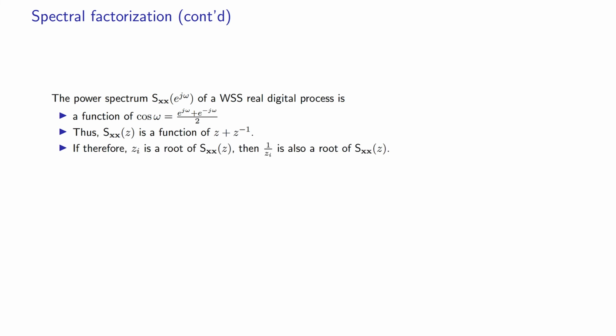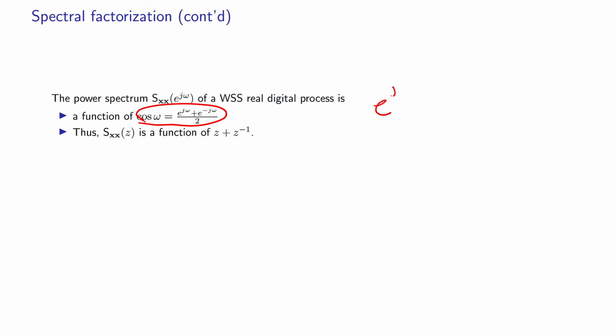The power spectral density of a WSS process can always be written as a function of cosine of omega. Cosine of omega is equal to e to the power of j omega plus e to the power minus j omega, divided by 2. And remember that e to the power j omega is z, so e to the power minus j omega is equivalent to z minus 1.